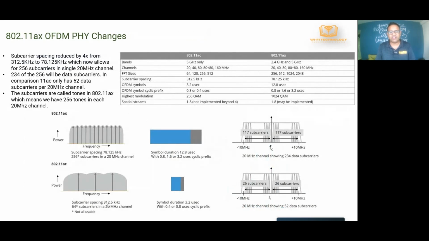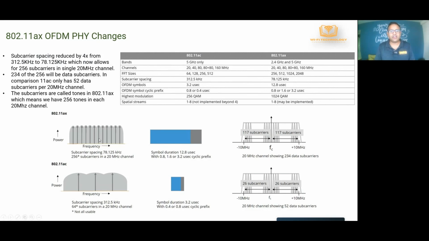With 11AX, they squeezed it even more, and they said, okay, we don't really need that amount of spacing in subcarriers. Let us divide that by 4, and they changed the subcarrier spacing to 78 kilohertz, which means that the subcarriers are even closer in the frequency domain.